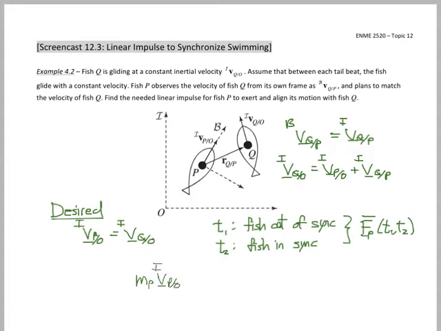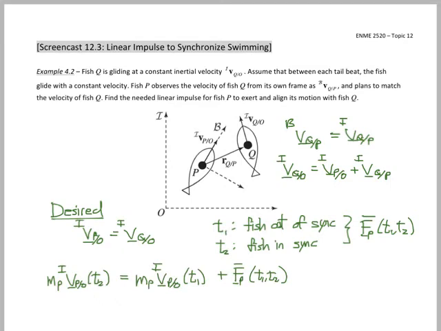So this is our linear momentum, and this is at time 1. We want to add the impulse from time 1 to time 2, and then this is going to give us the linear momentum, which is the mass of P times the velocity of P with respect to O as observed in the inertial reference frame at time 2.